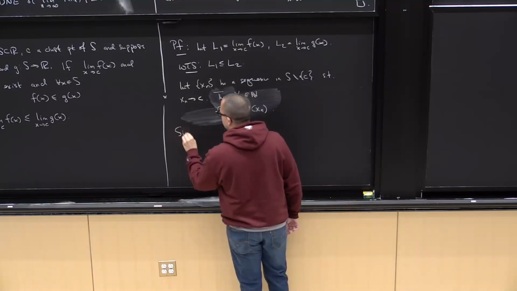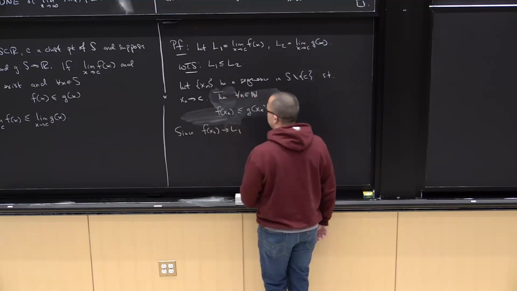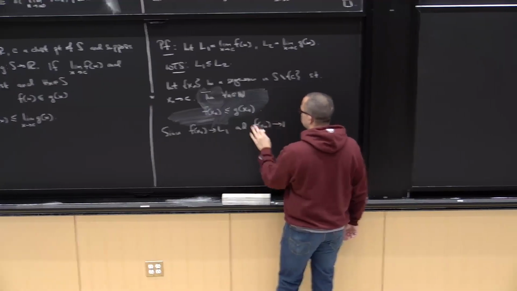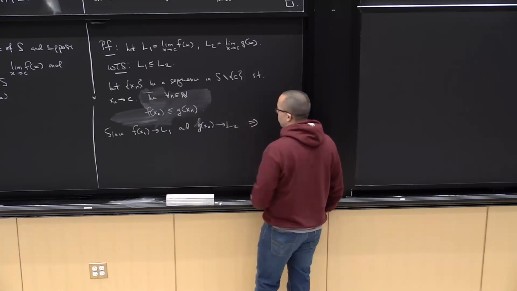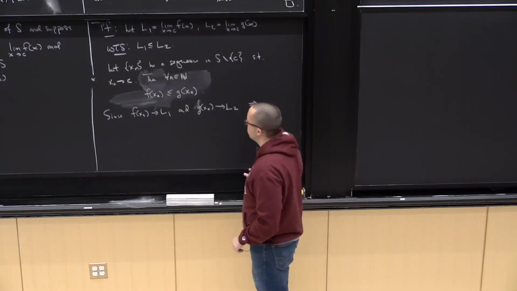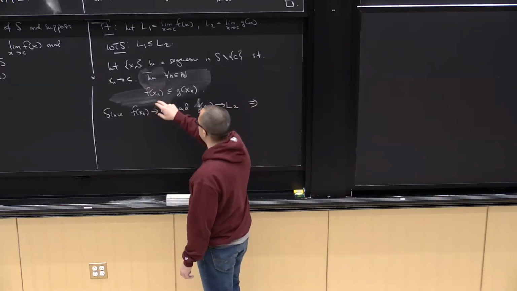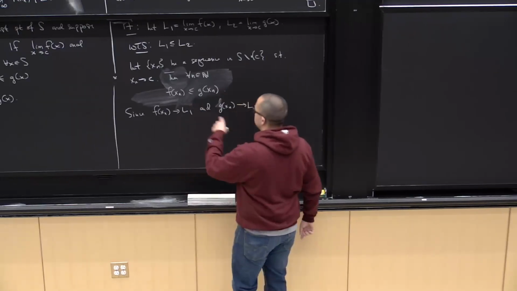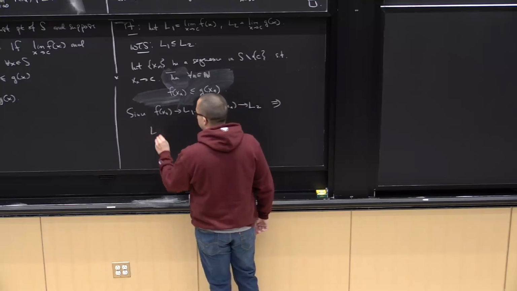And since f of x sub n converges to L1 and g of x sub n converges to L2, we get by, again, this theorem about sequences, which says if I have two sequences, f of x sub n, this is one sequence, less than or equal to another sequence, g of x sub n, and they both converge, then the limits satisfy the same inequality.